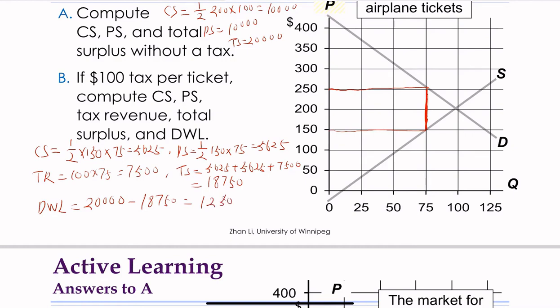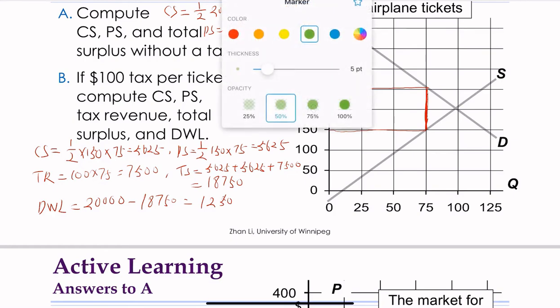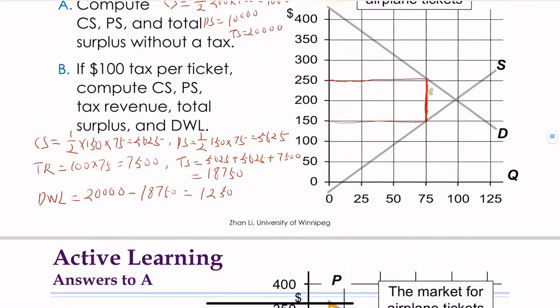Obviously, there's a different way to calculate deadweight loss, because if you're thinking about calculating deadweight loss, then it's just this little triangle here. To calculate the area of this little triangle, we need to find out its base and height. So the base is given by this, which is 100.